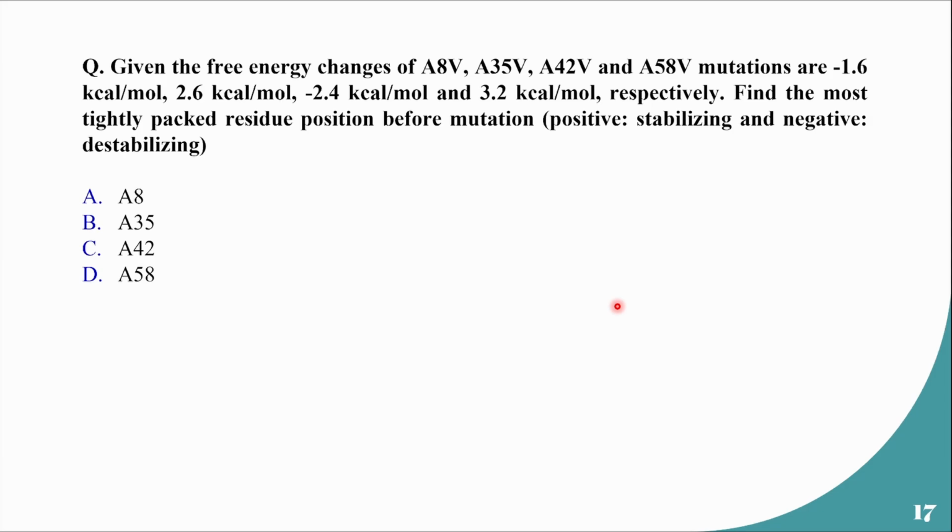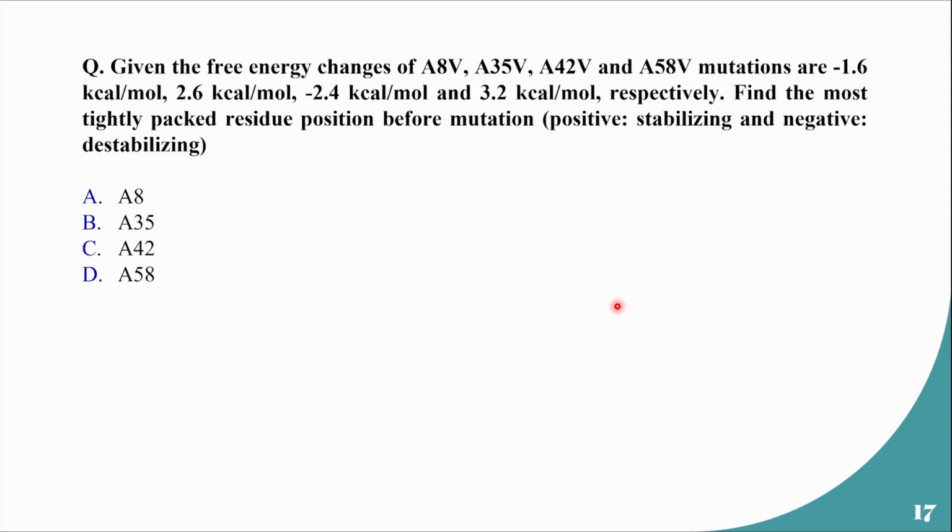Now, based on what we talked about, mutations providing stability or destabilizing the structure, we can convert that into some sort of free energy values, right? As we always quantify a change from one state to another in terms of certain free energy values.